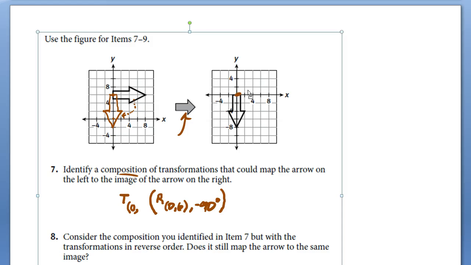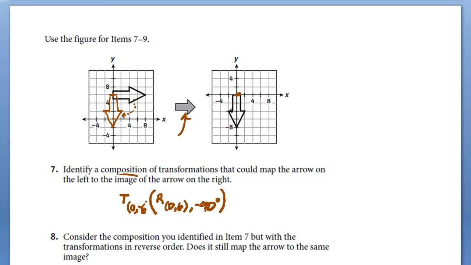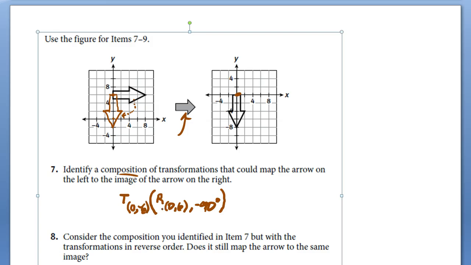So that the arrow is right there at the origin. And so we want to slide it down 6. So here is a composition that would make that black arrow end up like that arrow. It's not the only possible answer, but it's one that works.